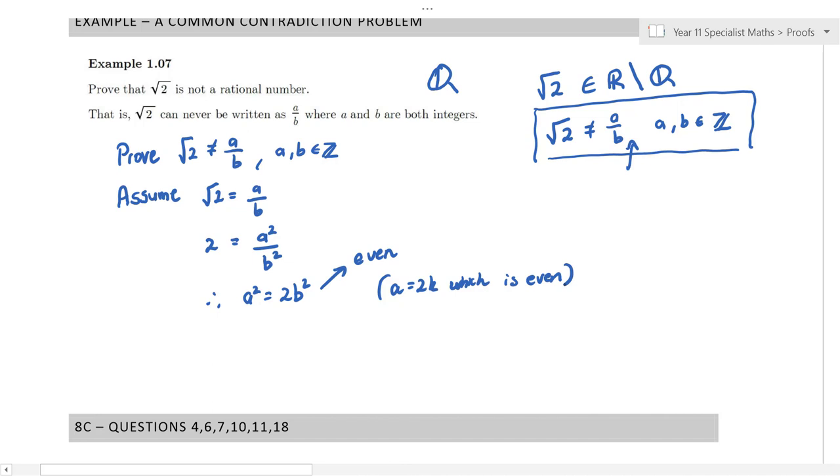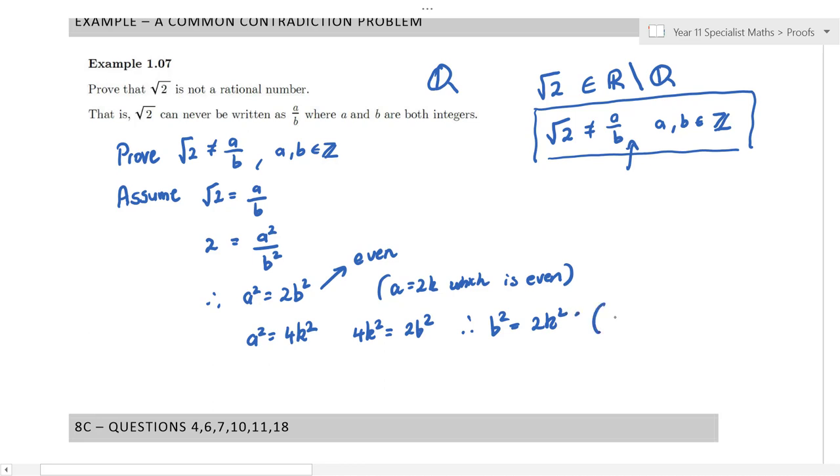All right. Now, this also means that, what else have we got? This means that A squared is also equal to 4K squared, and therefore 4K squared is equal to 2B squared, which implies that B squared is also equal to 2K squared, which is also what?